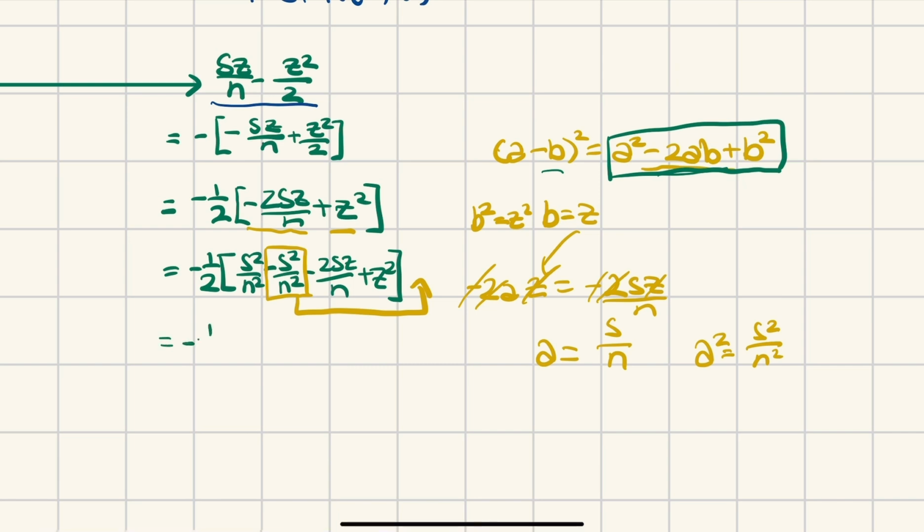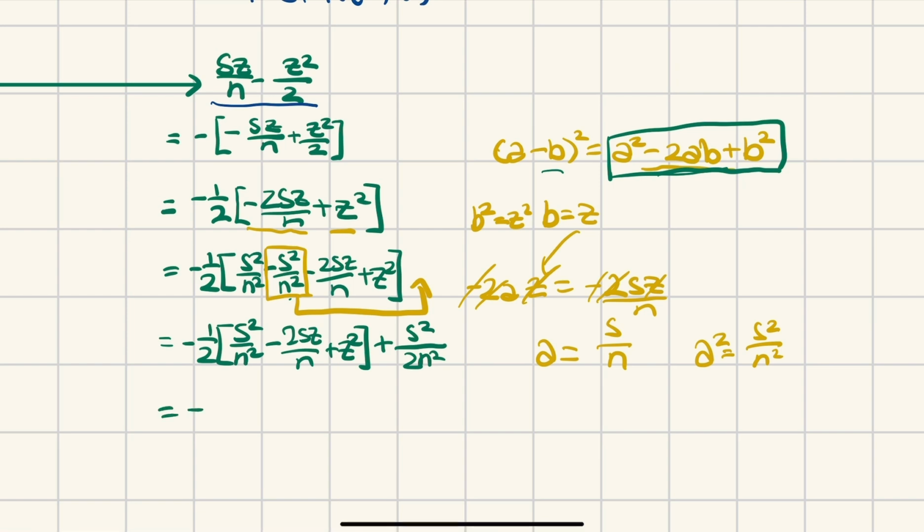So that would be s over n squared minus 2sz over n plus z squared. And then we take this part out, so we have to multiply it by negative 1/2. So it's basically plus s squared over 2n squared, because the negative cancels out.